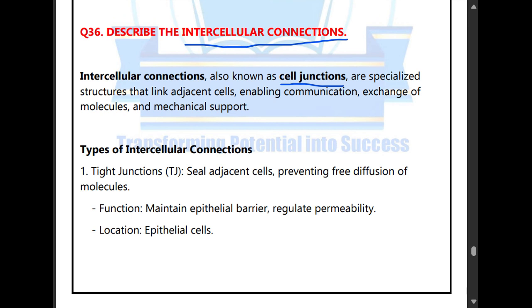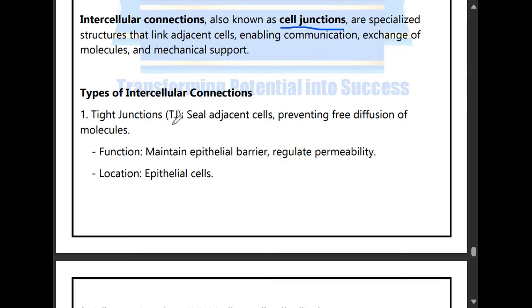So we have various types of intercellular connections, some of which include tight junctions. One of the things I want you to remember is that they seal adjacent cells. When they seal adjacent cells, they prevent free diffusion of molecules.